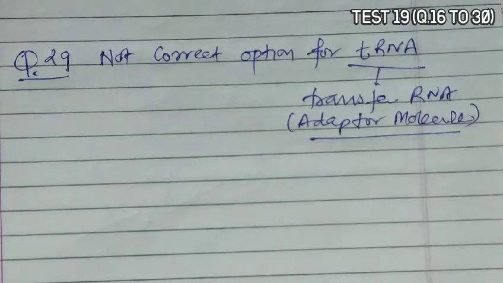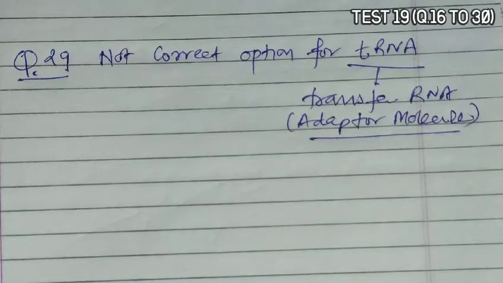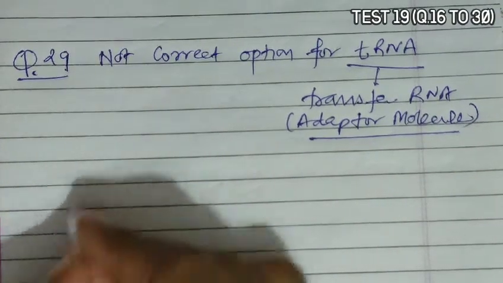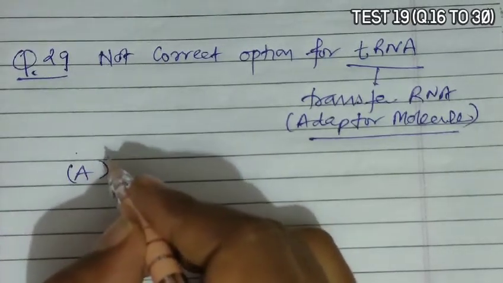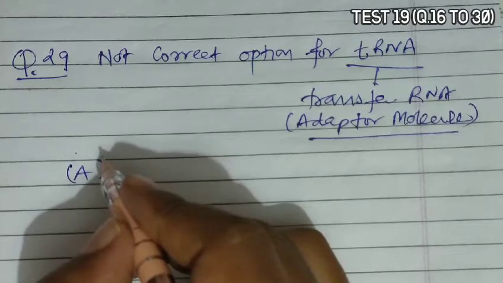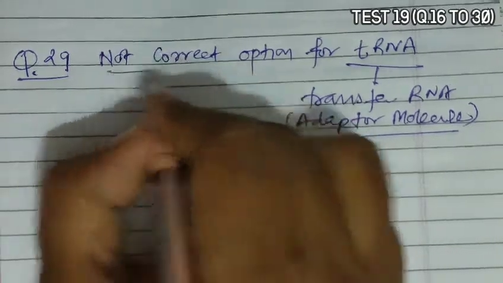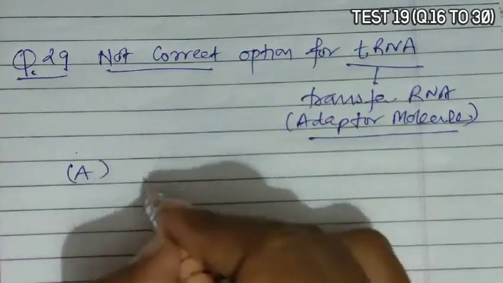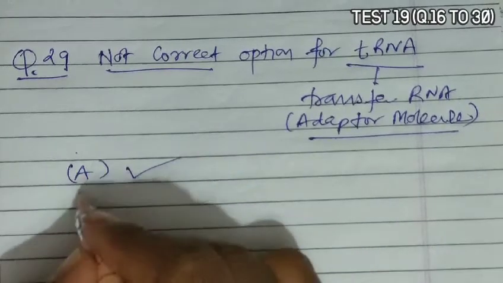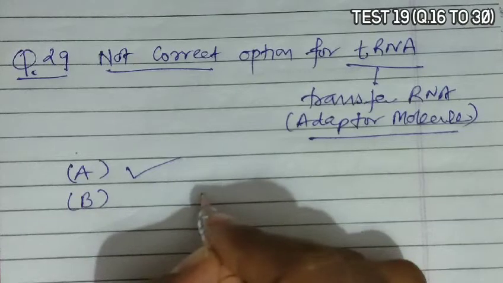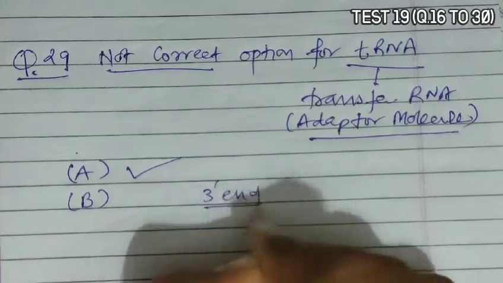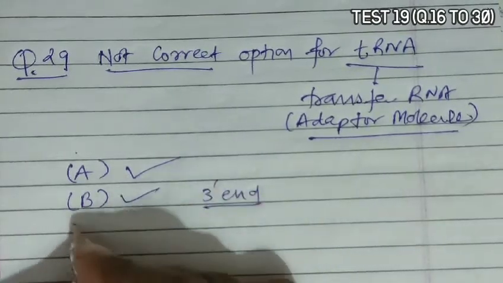It helps to take amino acid during the process of translation. Option A is given as it has an anticodon. Now we have to select the not correct one. Yes, it has anticodon at the anticodon loop. Option B, it has an amino acid acceptor site. Yes, at the 3' end it has amino acid acceptor site.